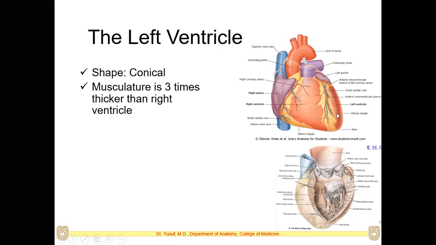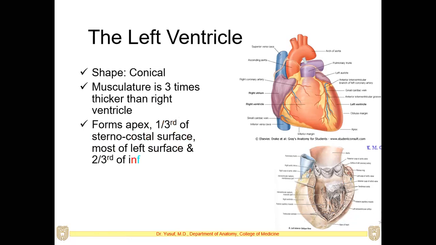As we discussed before, the right ventricle has a thinner wall compared to the left ventricle. As you can see here, the cut wall will be very thick, almost 3 times compared to the right ventricle, because it has to pump the blood to all the parts of the body and against gravity.